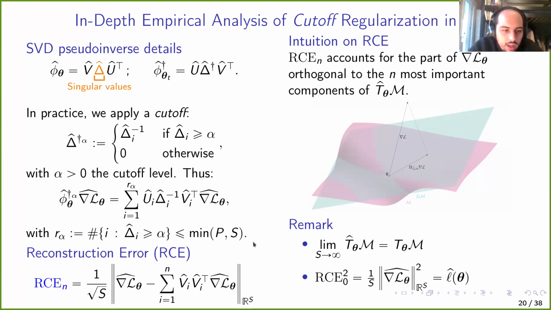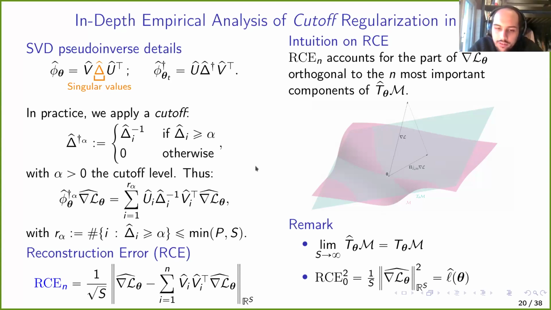Now the key is to define this quantity that we call the reconstruction error, which measures how much signal you lose when you take this partially reconstructed gradient with respect to the full gradient. The intuition, in the limit of an infinite number of samples, is that we have our tangent space in green here.